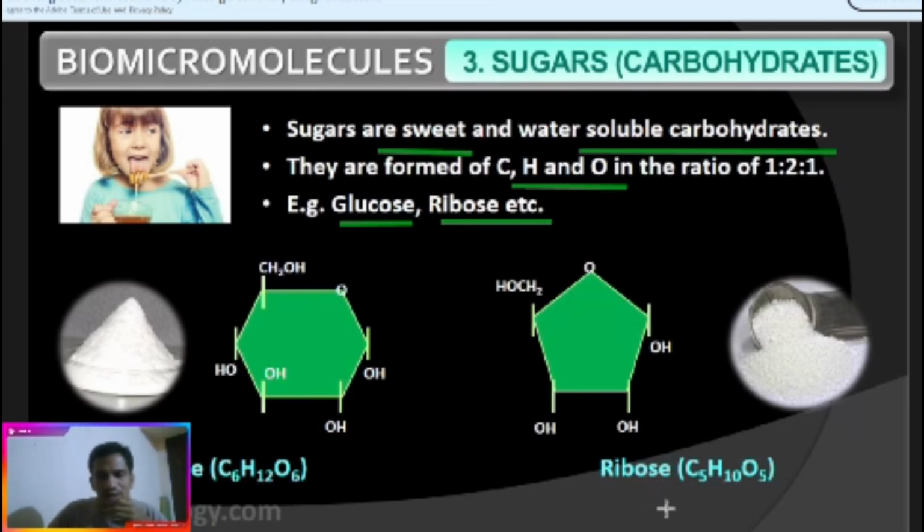In ribose sugar, one carbon is reduced, so it is 5 carbons and 2 hydrogens are reduced, giving C5H10O5. That is the ribose sugar structure, right?